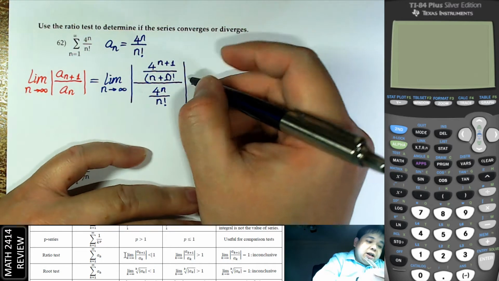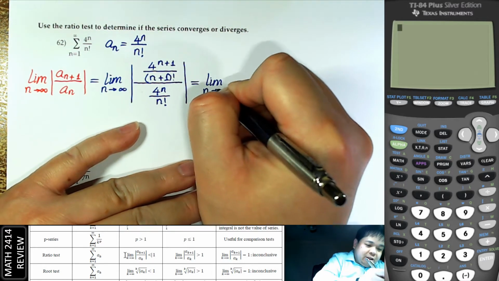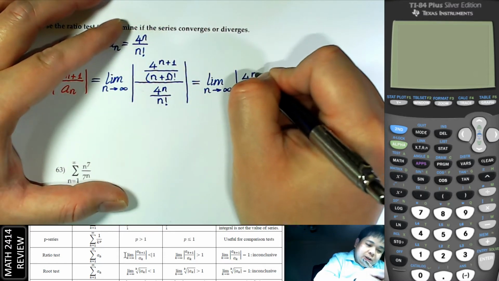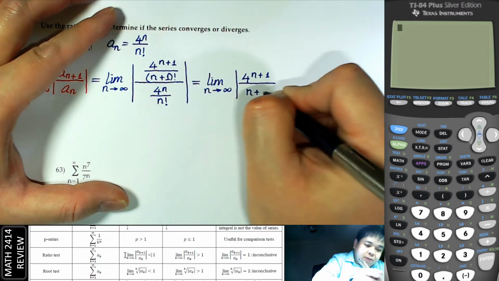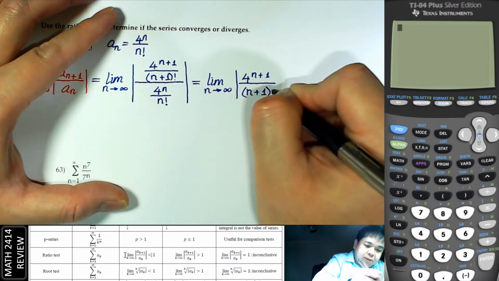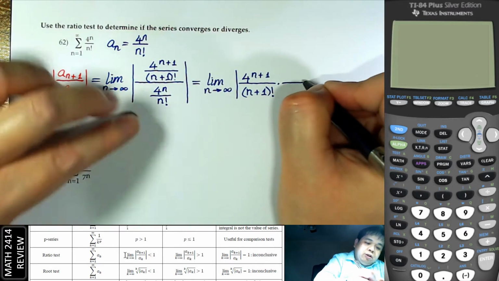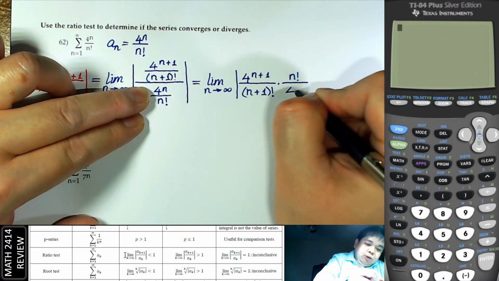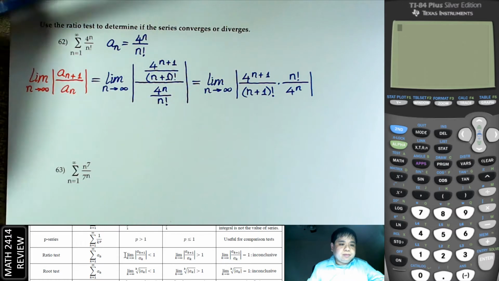Dividing a fraction is multiply reciprocal. So multiply reciprocal n factorial and then 4 to the n. Right, now we're just trying to simplify.